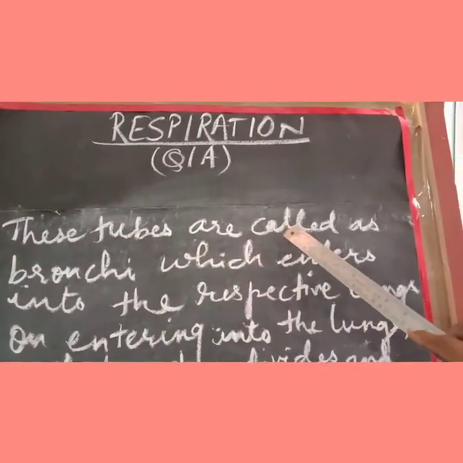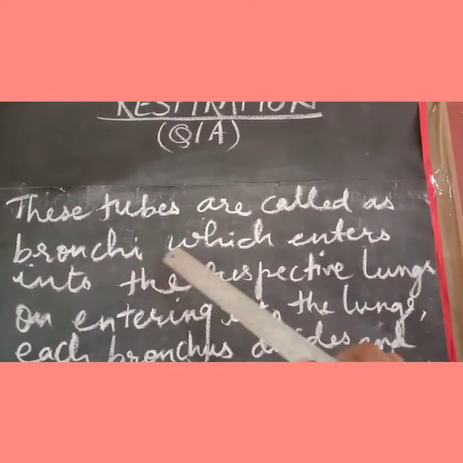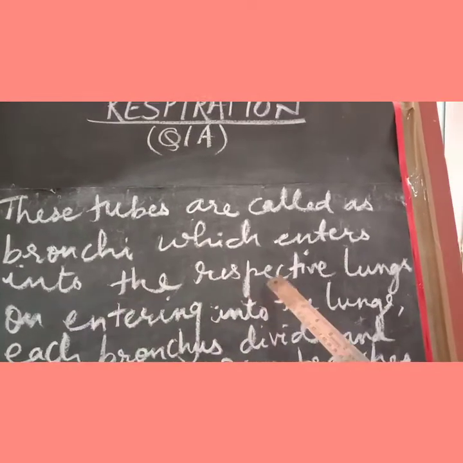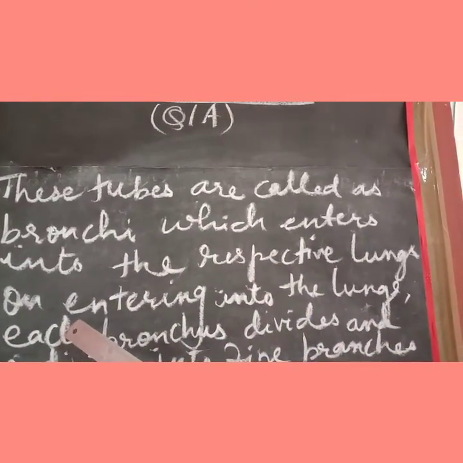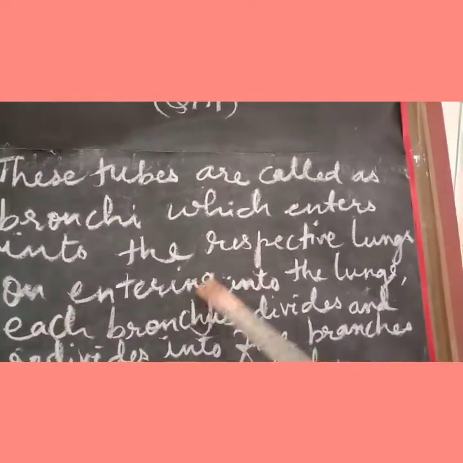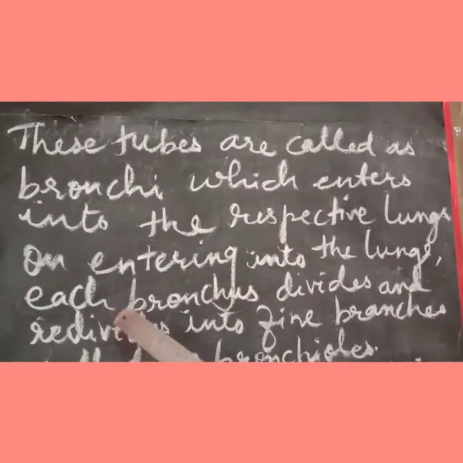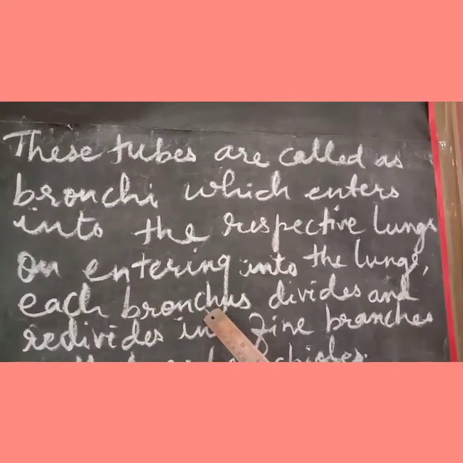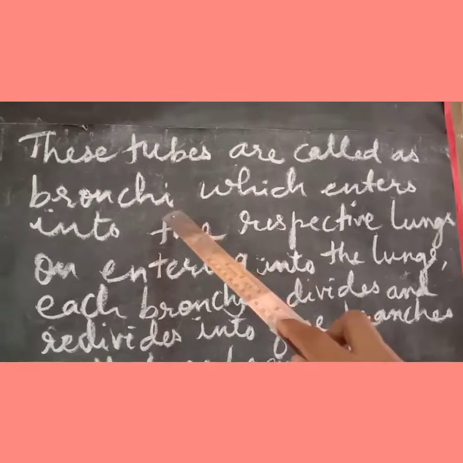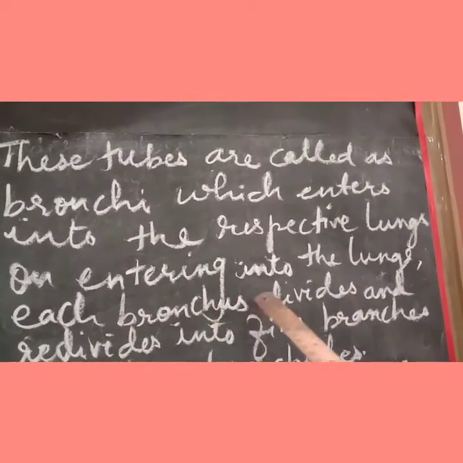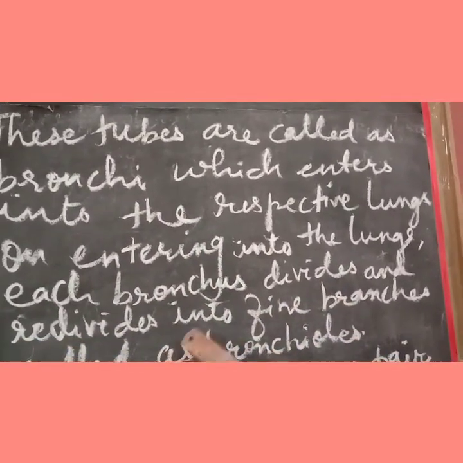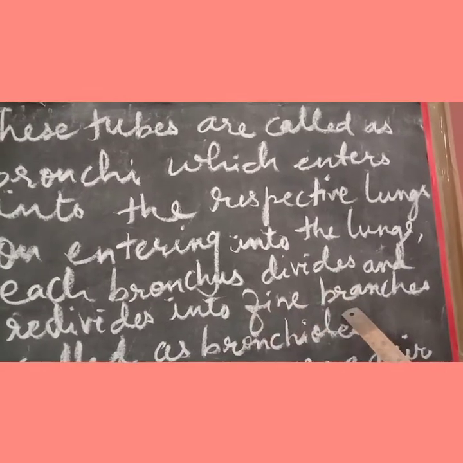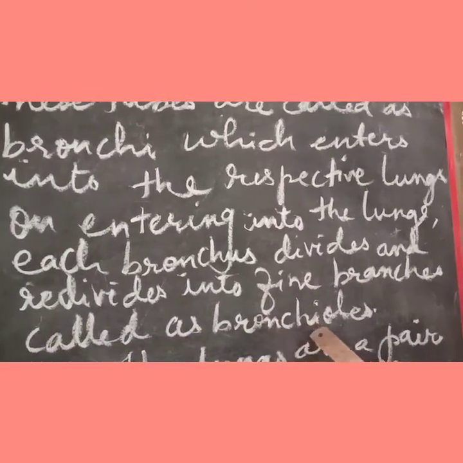These tubes called bronchi enter into the respective lungs. On entering the lungs, each bronchus, children, bronchus is singular, bronchi is plural, each bronchus divides and redivides into fine branches called bronchioles.